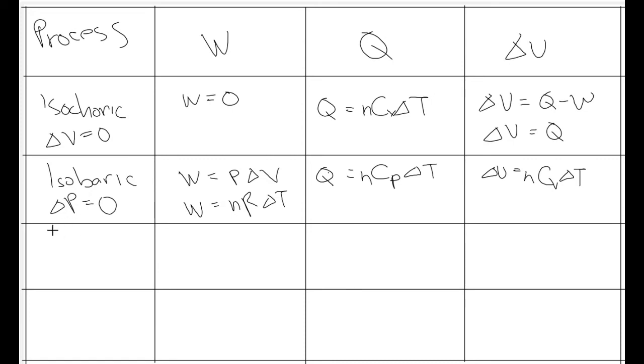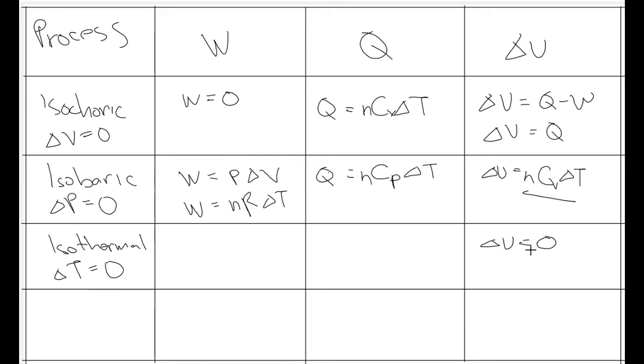So our next process is the isothermal process. So in isothermal process, the temperature is constant, which means our delta T, or change in temperature, is equals to 0. Since delta T is equals to 0, looking back at this equation here, which means our delta U is equals to 0.